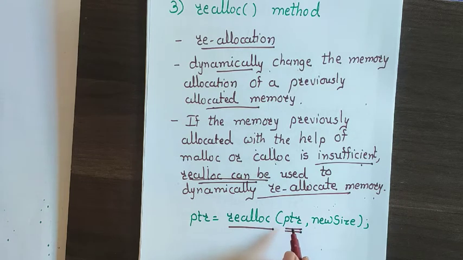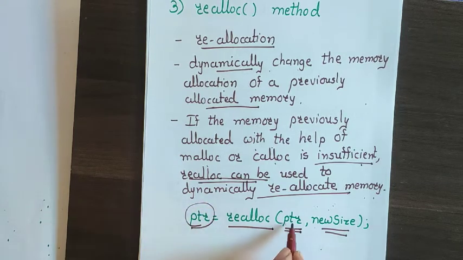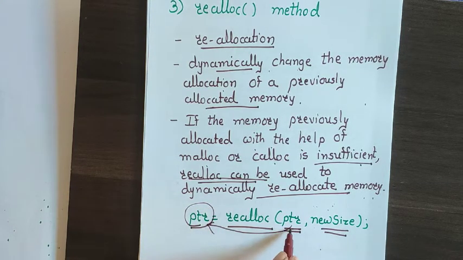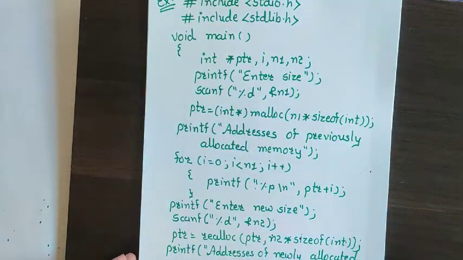Previously I used ptr, so I am writing ptr over here. Then I have to mention the new size, whatever size I want to allocate now. And again I'm storing it in ptr itself. This is my pointer and I'm storing it in the same pointer. So we'll just take a look at the example.